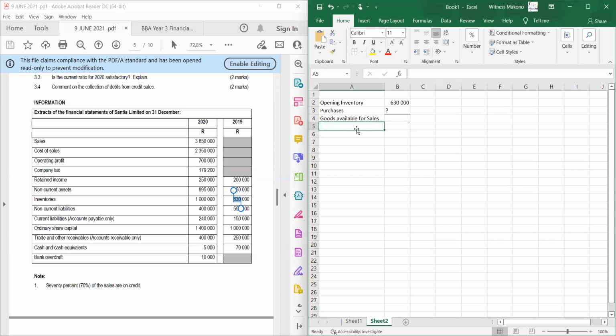If you subtract from this figure, if you say less closing inventory, which is this figure, which is now closing in 2020, which is 1 million, you should get a figure that is called cost of sales.